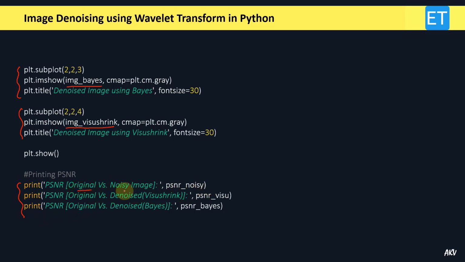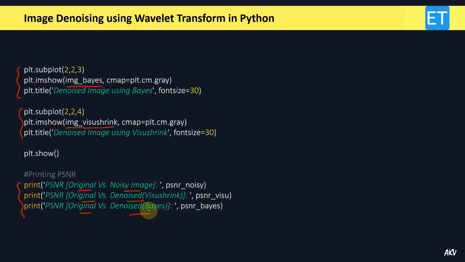So the PSNR between original and noisy image, the PSNR between original and denoised using VisuShrink, and the PSNR between original image and denoised using BayesShrink method.